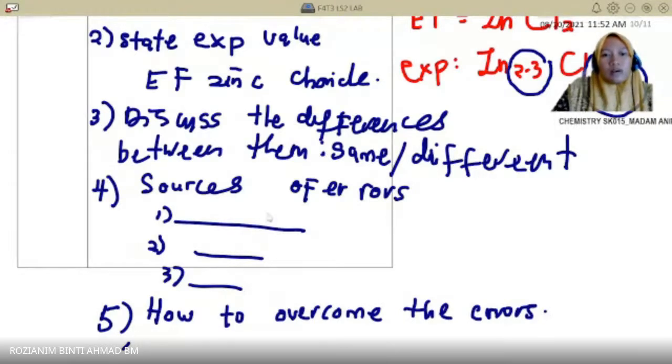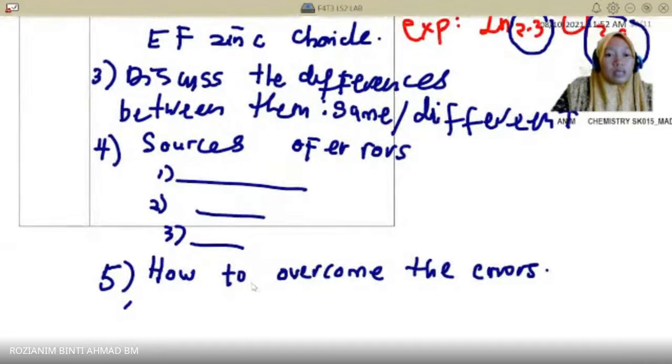So maksudnya kalau you ada 3 error, overcome kamu juga mesti ada 3. Dia mesti selari. Contoh, error pertama kamu kata the zinc is not completely dissolved with the hydrochloric acid before heating the compound. So therefore, okay, the mass was affected.